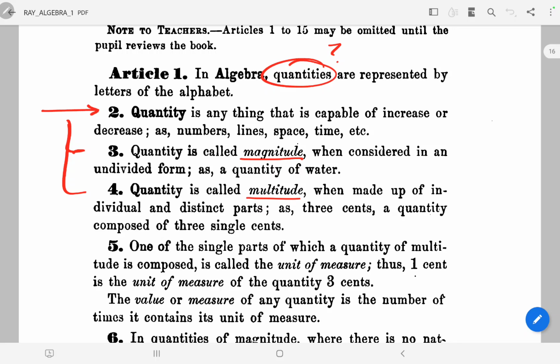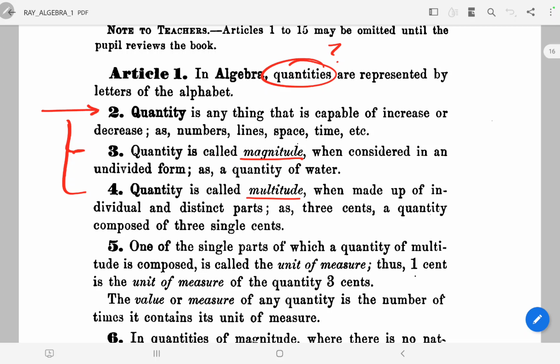A quantity is anything that is capable of increase or decrease. Anything that can grow or diminish, that can get larger or smaller, greater or fewer. Anything that can increase or decrease is said to be a quantity. And like I said, there are two kinds of quantities.